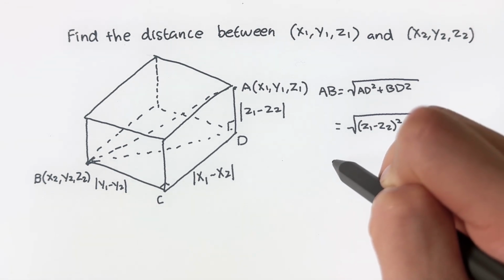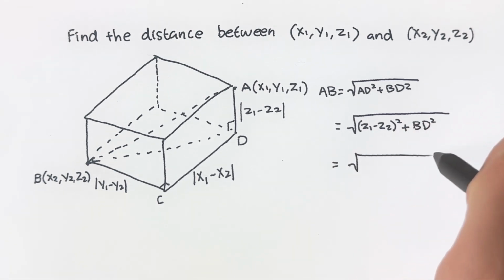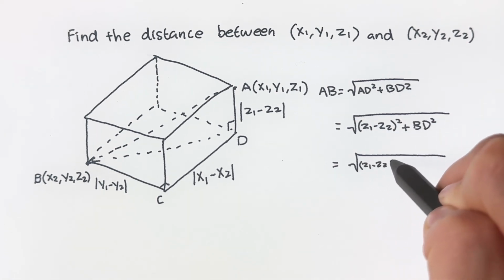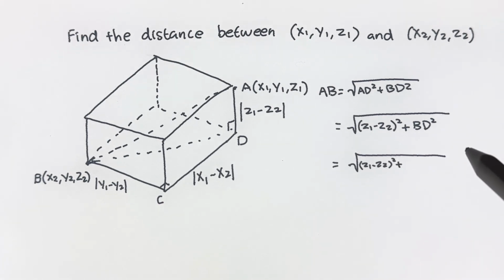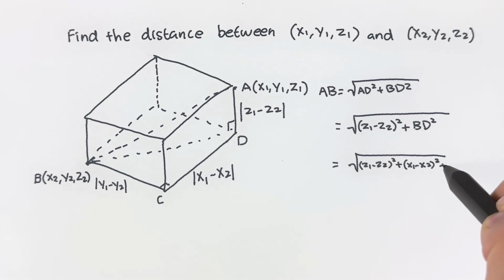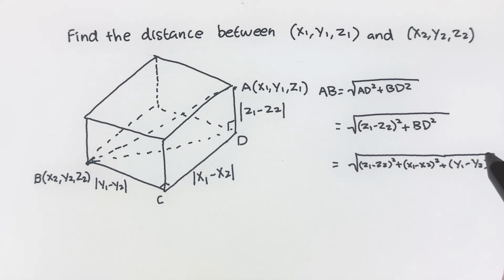And this will equal the square root of z1 minus z2 squared plus x1 minus x2 squared plus y1 minus y2 squared. Okay, so now we have derived the distance formula for the 3D coordinate plane.